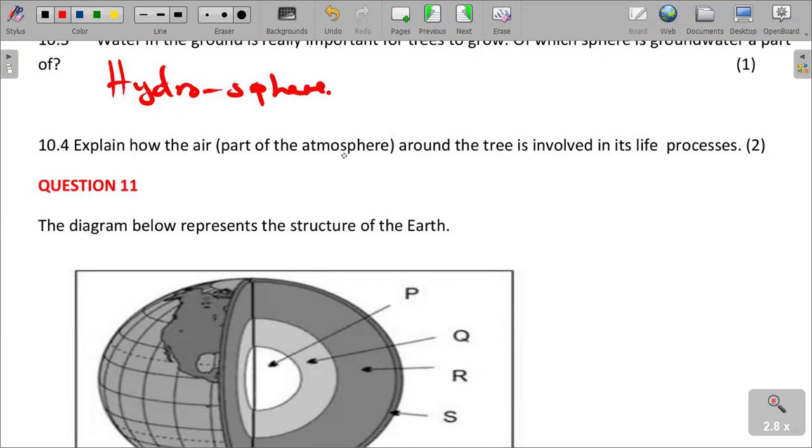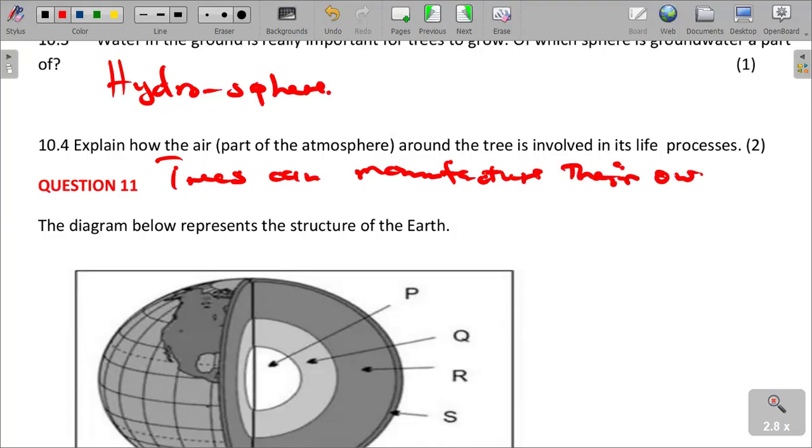It enables the survival of the trees by promoting what? The trees can make their own food. Trees can manufacture their own food through photosynthesis.